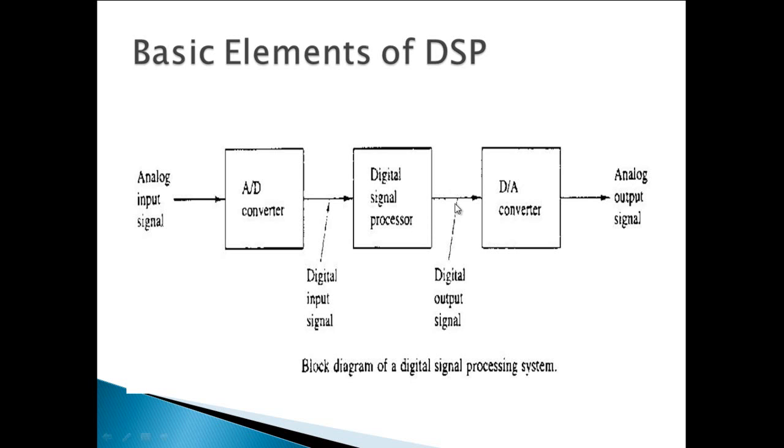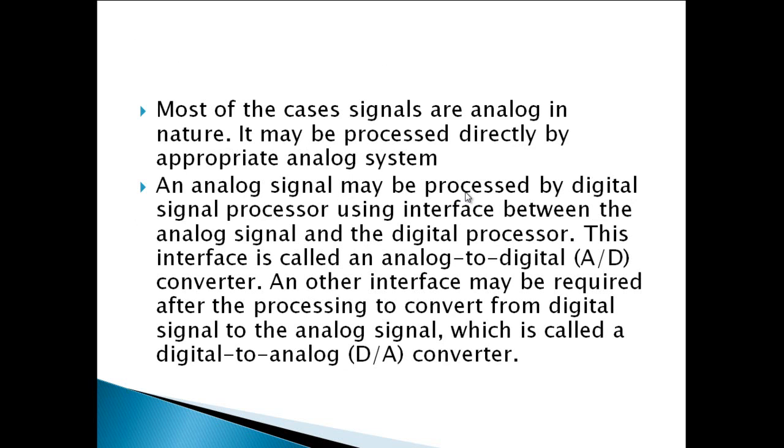The digital signal output from the processor is given to the digital to analog converter, which gets an analog equivalent of the output digital signal. So you get the analog output signal. This is just what I have discussed in the previous slide. I wrote it down so that it will be clear to you what I was discussing.